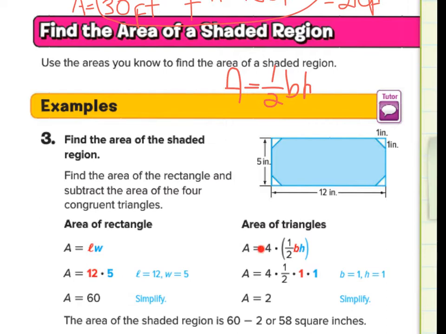Rather than figuring it out 4 times, they simply solve for one triangle and multiply by 4. Replace the variables, where you have 4 times a half is 2, and 1 times 1 is going to remain as 2. So the area of all 4 together is 2 square inches.